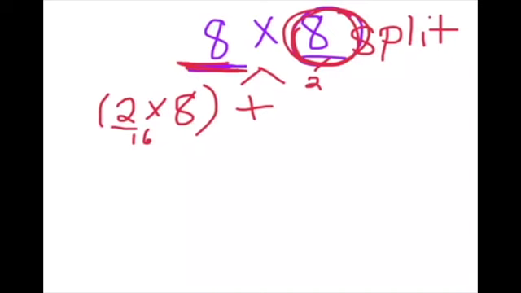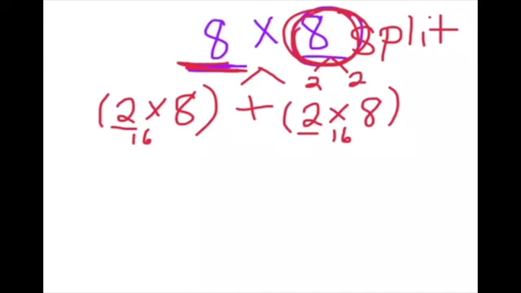But remember, we need 6 more 8s to make 8 times 8. So why don't we do another 2 times 8, because we already know that one? So 2 times 8 and 2 times 8. So our splitting with our 8 is a 2 and a 2. But we know that there's more to that, right?